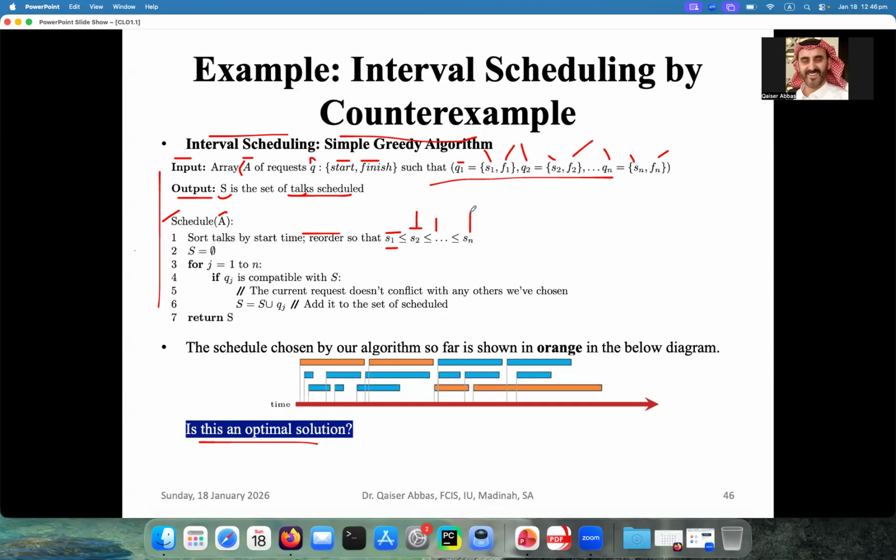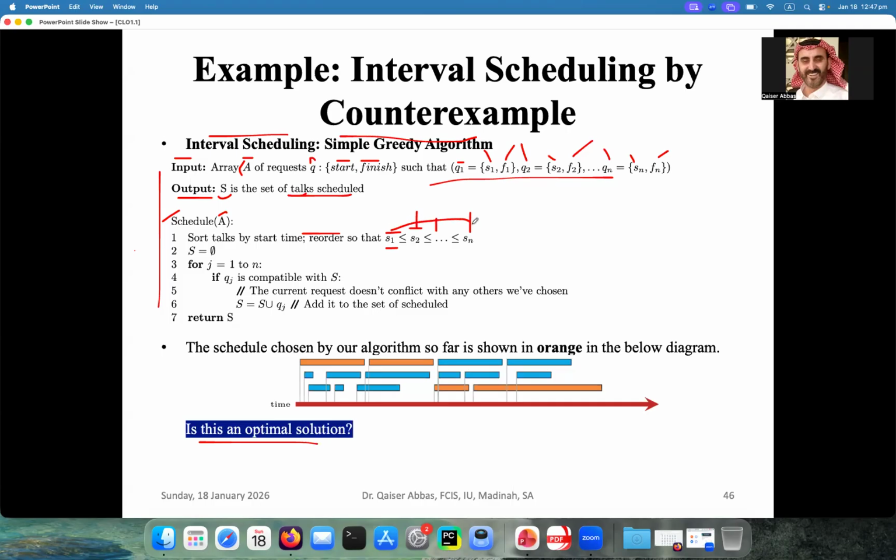So we are considering only the starting time of the different requests or talks.